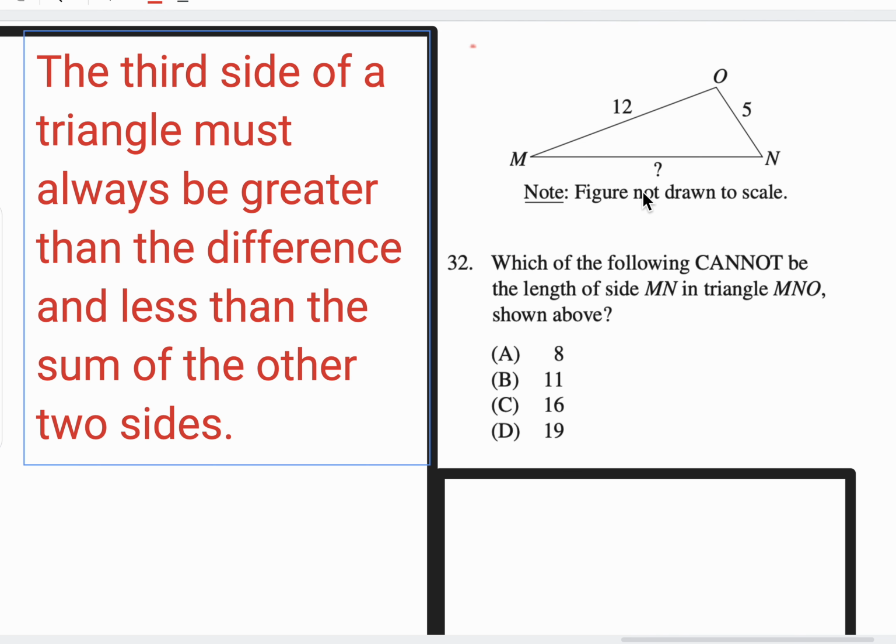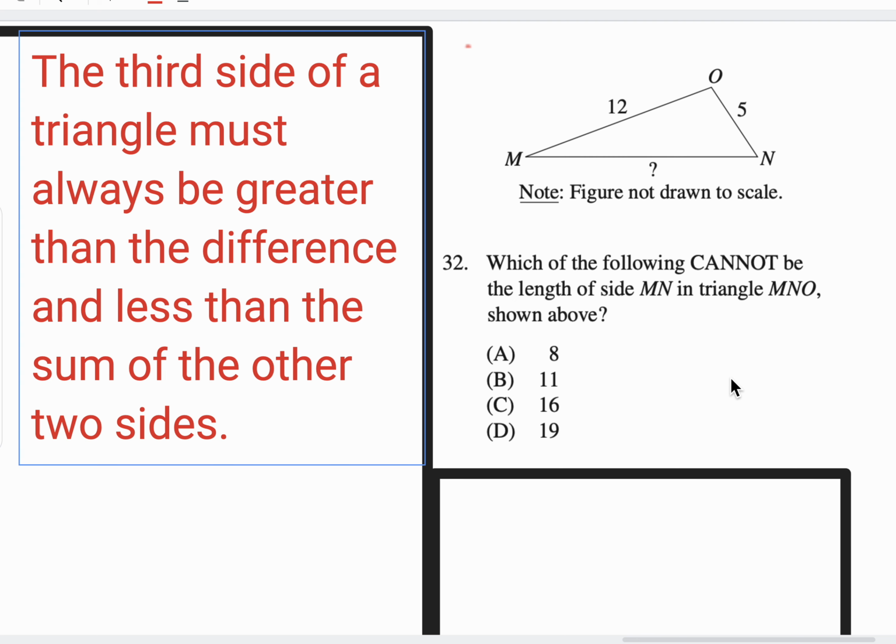We'll take our math rule here and apply this. In this case, the third side must be greater than, let's write this out, 12 minus 5, which is 7.